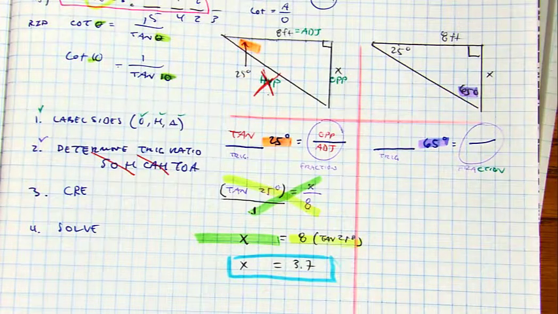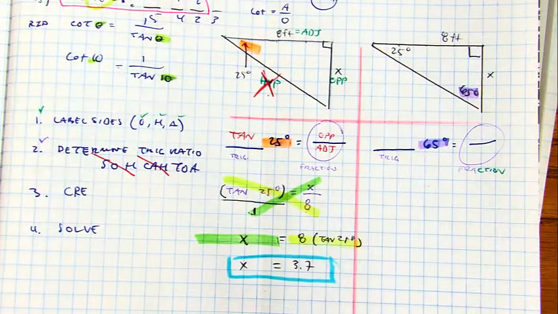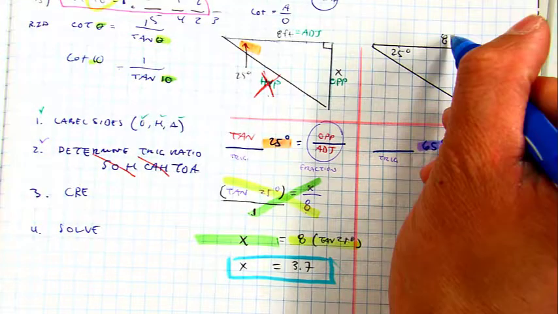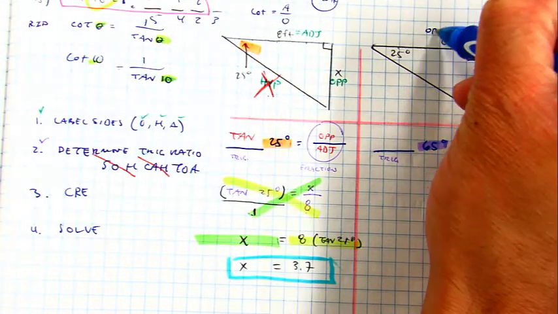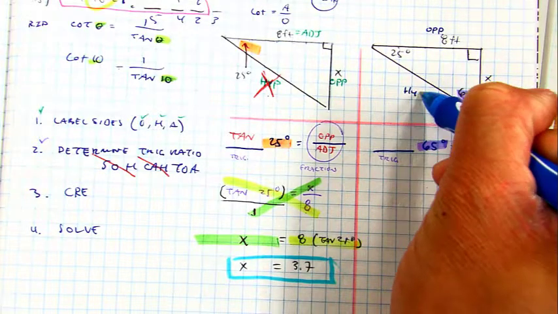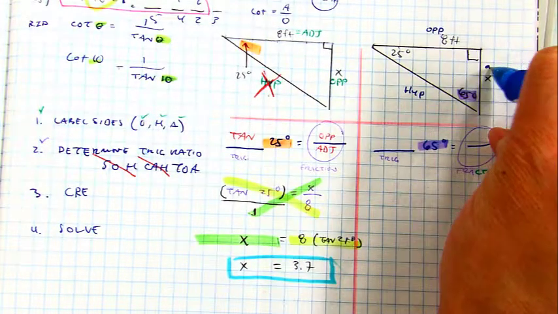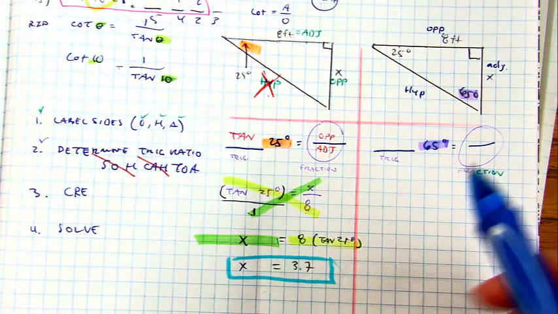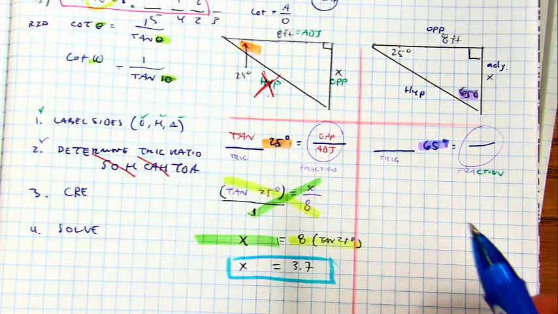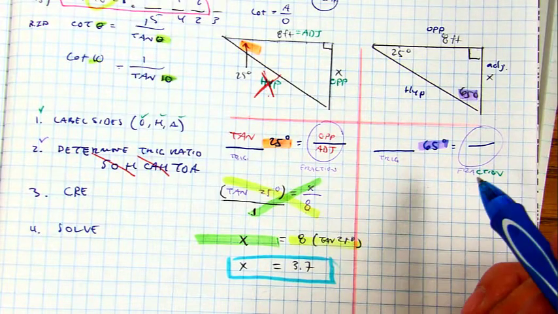Tiana, let's label this triangle. From this angle, this side is called the? Opposite. This side? Good. And this one? Adjacent. Raise your hand if you saw that the sides changed. Which one did not change, class? The hypotenuse.